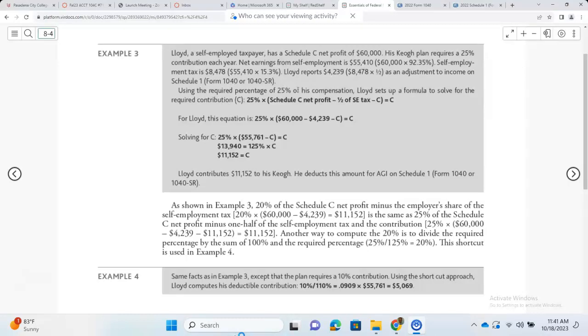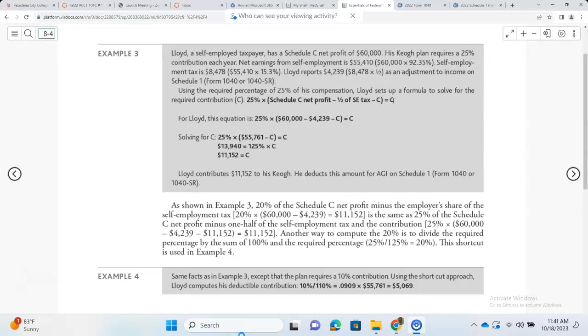Using the required percentage of 25% of his compensation, Lloyd set up a formula to solve for the required contribution. So 25% of Schedule C net profit minus half of self-employment tax, and minus contribution.